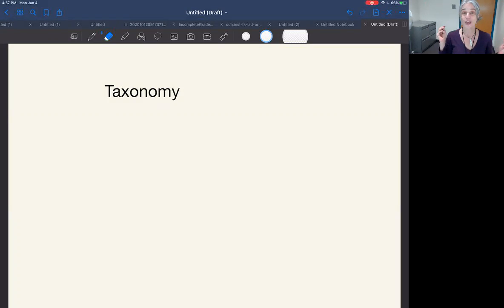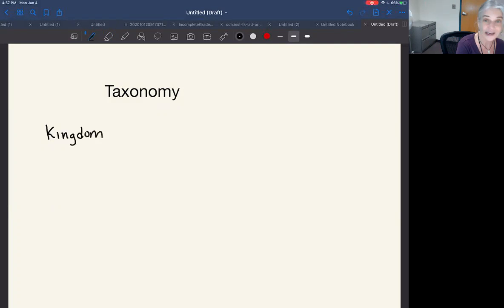And we are going to be going through a lot of different organisms and describing them and talking about them from a taxonomic basis when we talk about animal diversity. So we are talking about animal taxonomy this quarter. Okay. So the biggest group in animal taxonomy is the kingdom. And I think that's kind of a cool word, cool grouping.